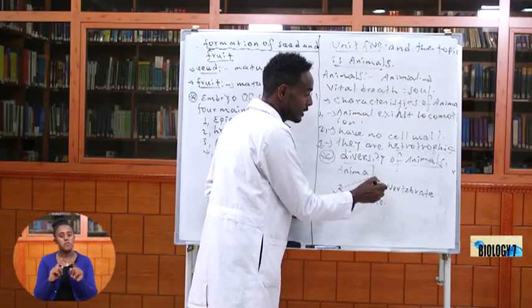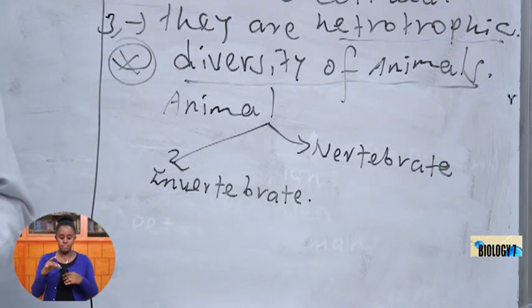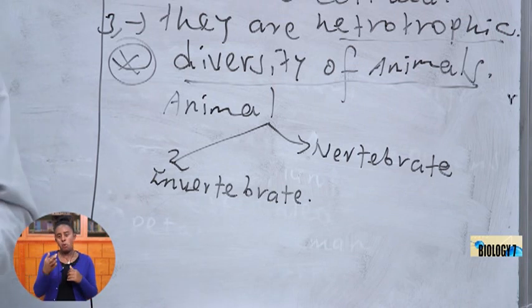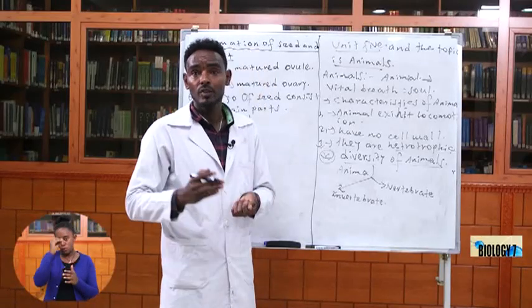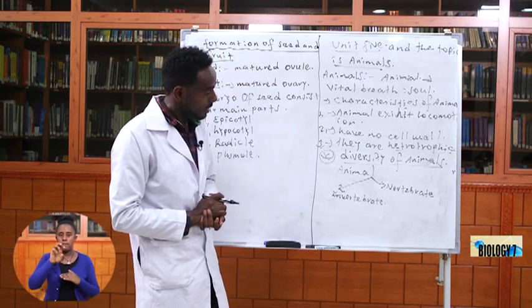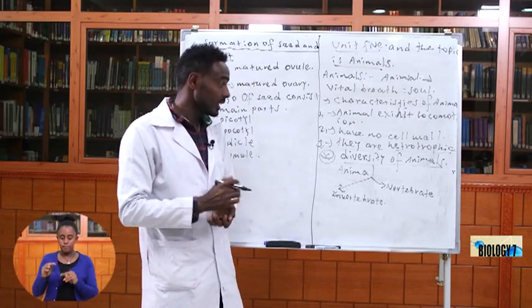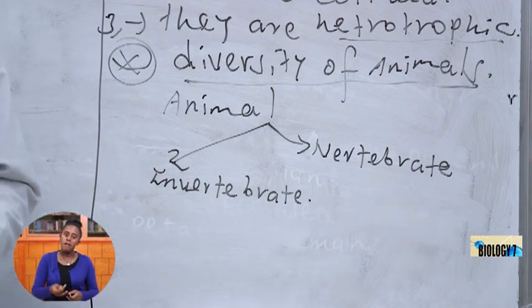Let us see the difference between vertebrate and invertebrate animals. Vertebrate animals are animals that have a backbone, or vertebral column. For example, humans have a backbone, so they are grouped under vertebrate animals. Other examples are domestic animals like cat and dog, and wild animals like hyena, lion, tiger, and different fish and birds.